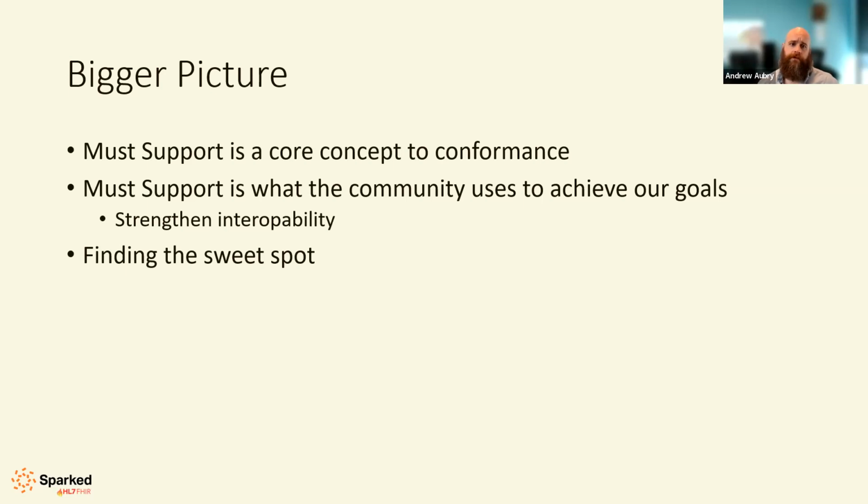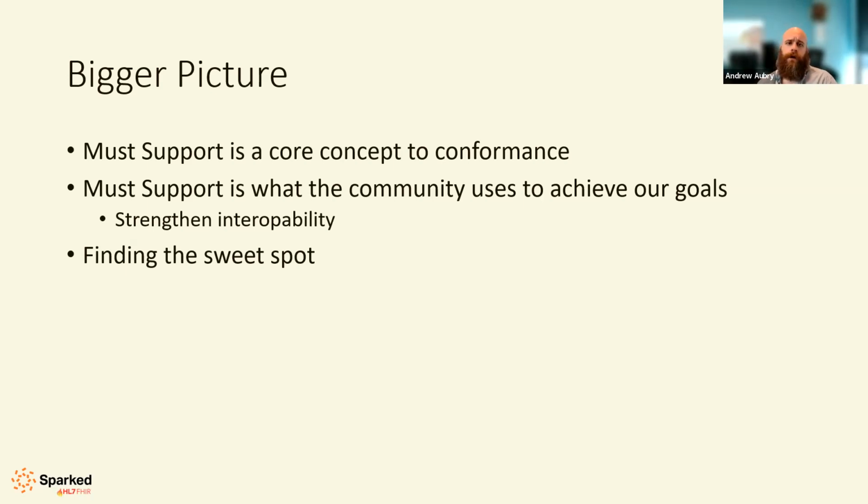And really, it's going to be important to find that sweet spot of balancing what is too much must support versus what is too little. What are the elements that provide meaningful context for interoperability in Australia? And separating that from what are elements that are just nice to have or not necessary.